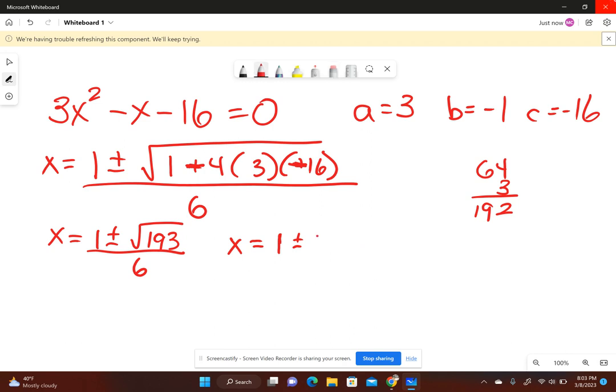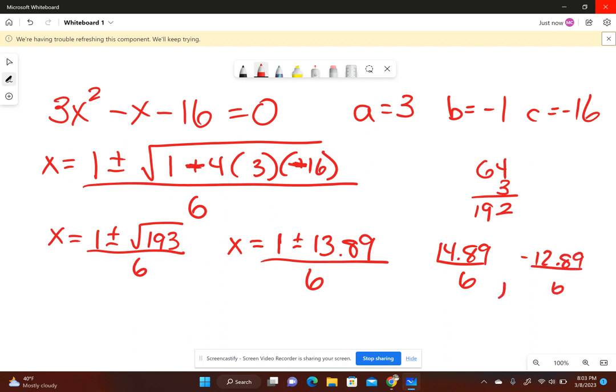Now I do 1 plus 13.89, which is 14.89 over 6. 1 minus 13.89, which is negative 12.89 over 6. And using my calculator, I get 2.48 and negative 2.15.